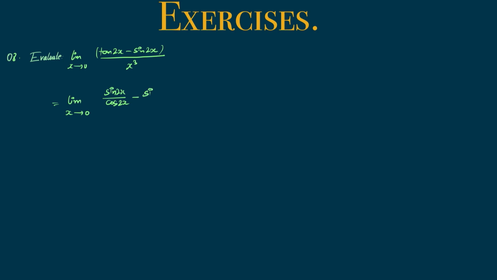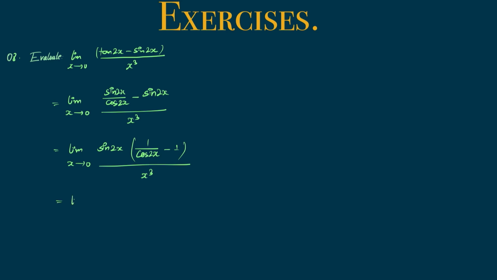So minus sine 2x whole divided by x cube equals limit x tends to 0. In the numerator you can see sine 2x can be taken as common, then it will be sine 2x (1 by cos 2x minus 1) whole divided by x cube.